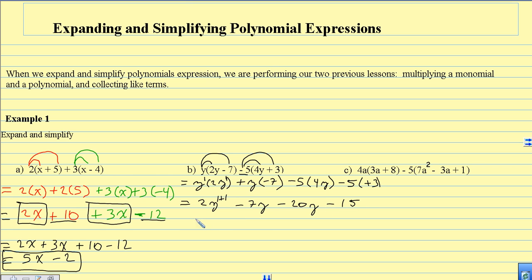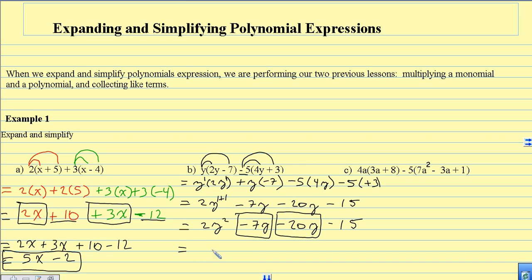Cleaning this up a little bit, this becomes 2y squared minus 7y and minus 20y, and then minus 15. Finally, we have two like terms we can collect here, minus 7y and minus 20y.